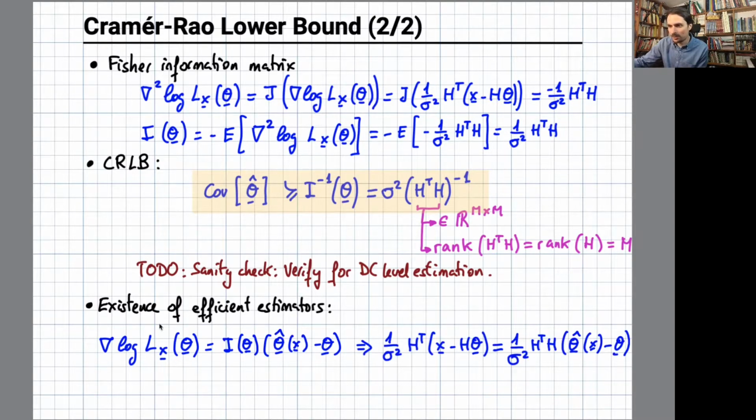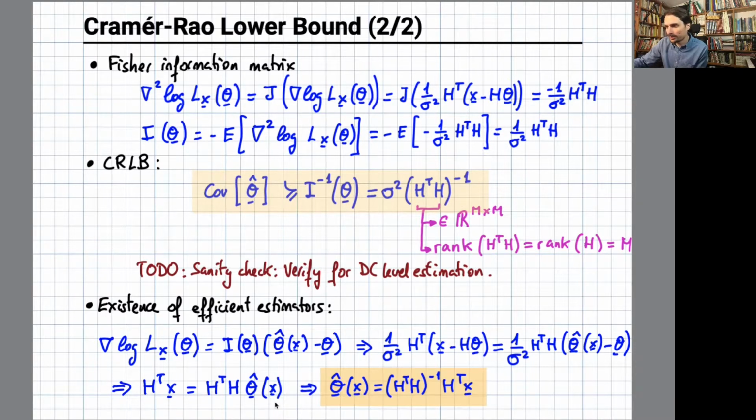Just by substituting here the gradient of the log likelihood function that we computed in the previous slide, and here the Fisher information matrix that we obtained, we come up with this equation, all right? And now by canceling terms, we obtain this one over here.